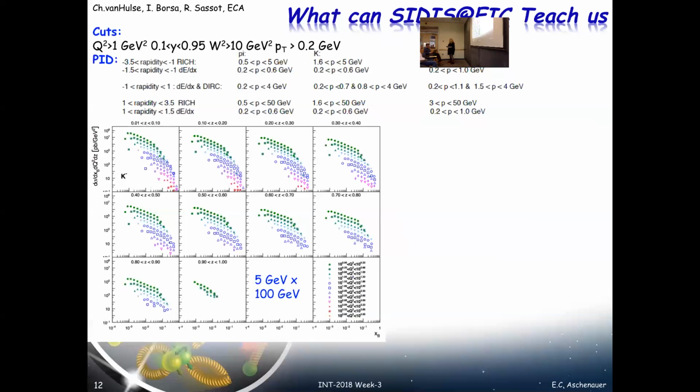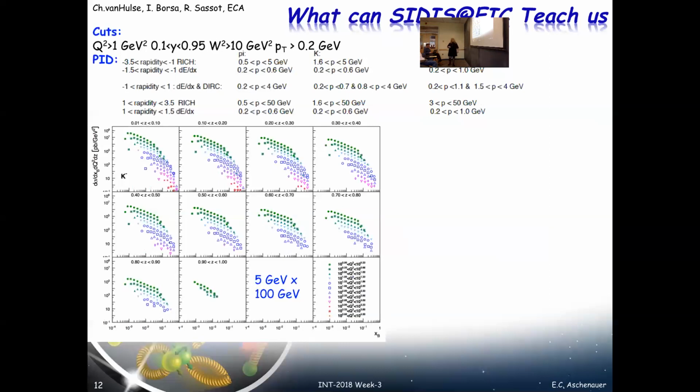Because if you have a magnet, and we all talk about a magnet of 1.5 Tesla or more, you cannot go much lower in pT because your particles start spiraling in your magnet, so you don't see them. So that is the x, Q squared, z coverage you get for running 5 on 100.